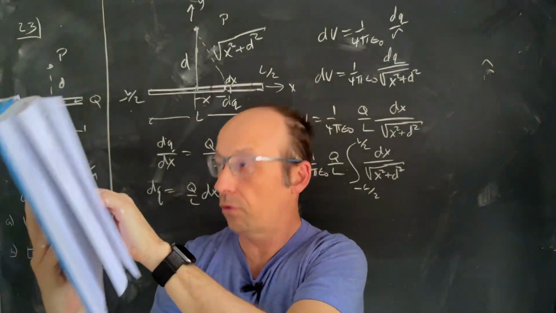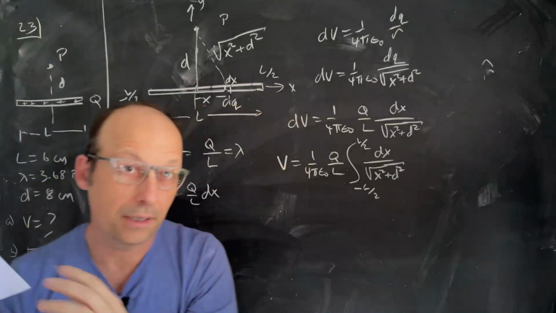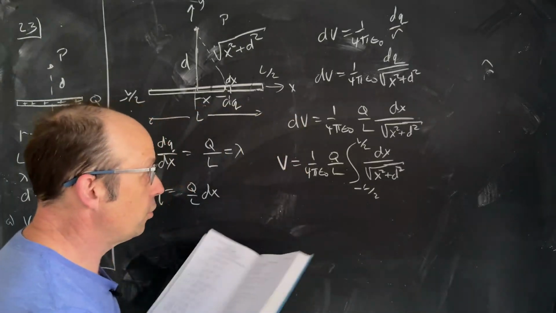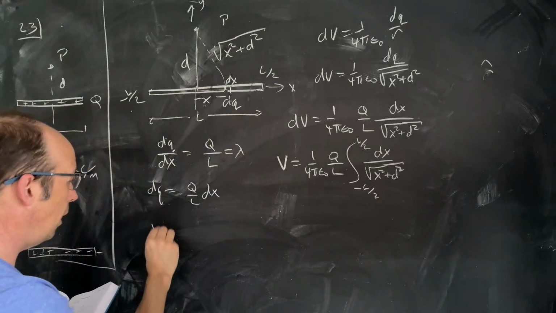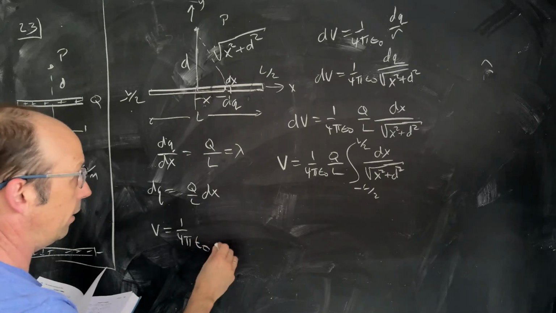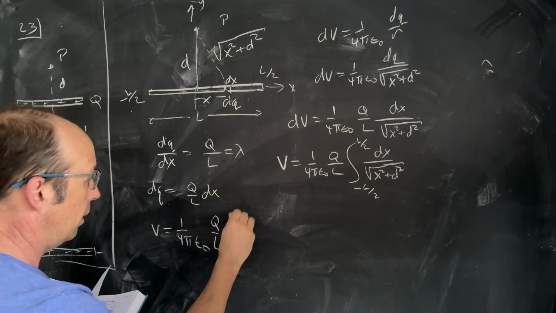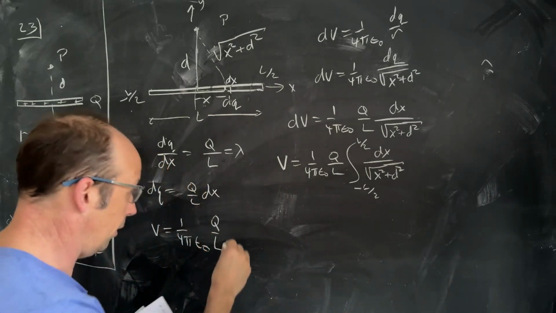You look up things containing the square root of x squared plus a squared, and that's what I have. So if I do that, I get the following: V is 1 over 4 pi epsilon naught q over L. And then I'm looking at my book here. I have the natural log. It says log.